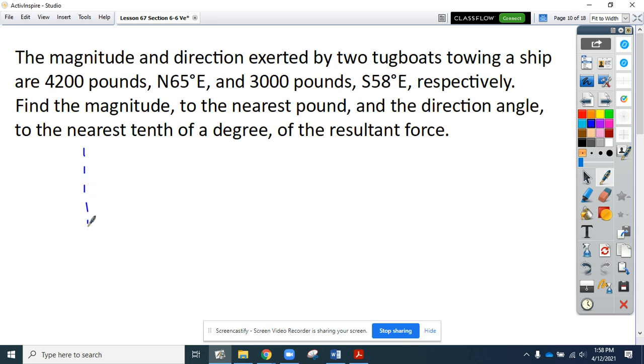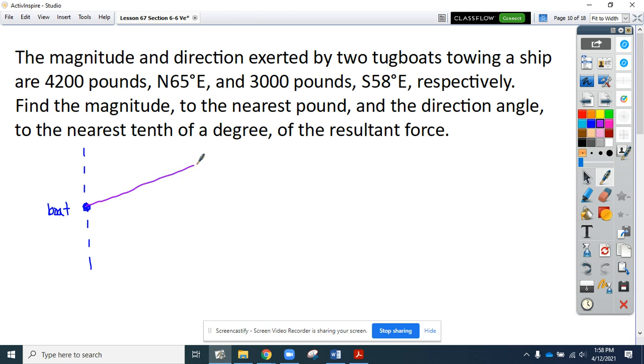So all bearings, we want to think about north and south, right? I actually don't need the east-west. I'm going to get rid of that line. All right, so we have our north-south. Here's the boat that they're working on towing. Okay. The first one goes north 65 degrees east. So north, which is up, turning 65 to the east, if you remember bearings. Hopefully you do.